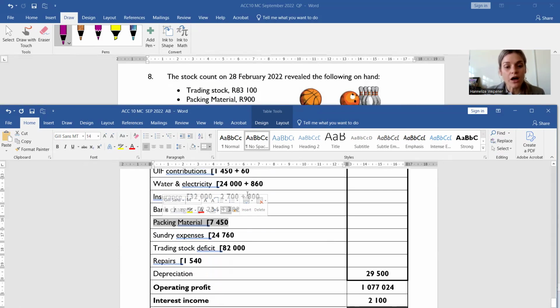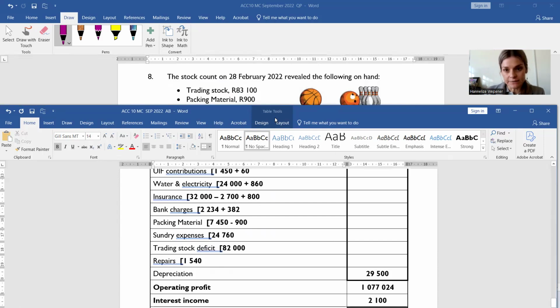What they are saying is that of this, you haven't yet used 900 Rand, so you may not include it in the expense because you haven't yet used it. So you need an accurate calculation of your profit for the year, and therefore you have to remove whatever expenses you haven't utilized yet. You must now remove that because it will only be used in the next financial year. So you are going to then debit consumable stores on hand to be included in the inventories in your SFP.